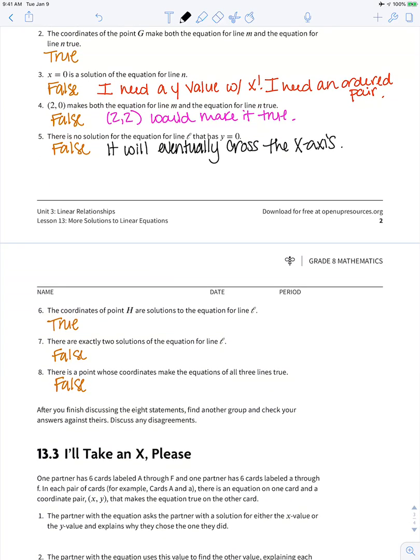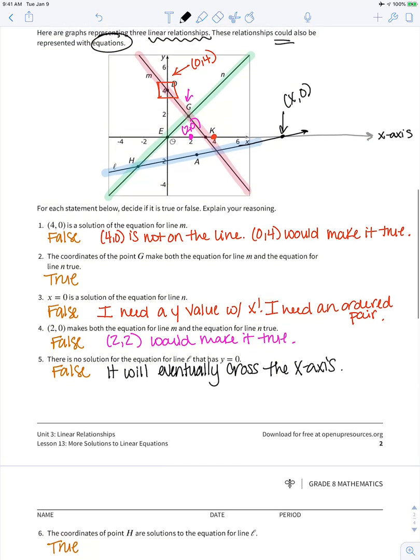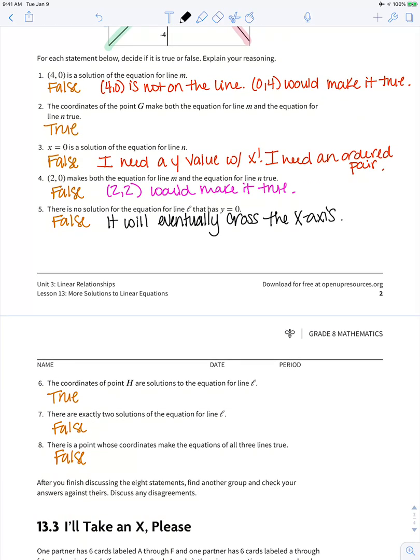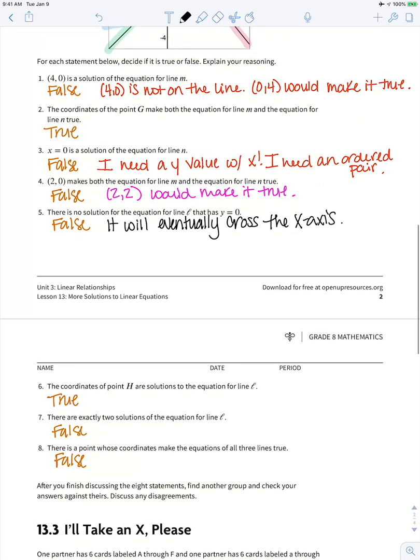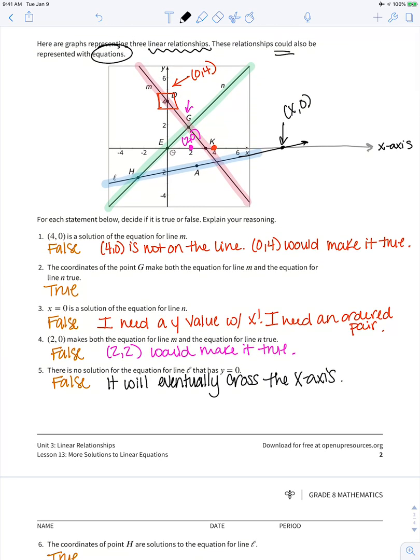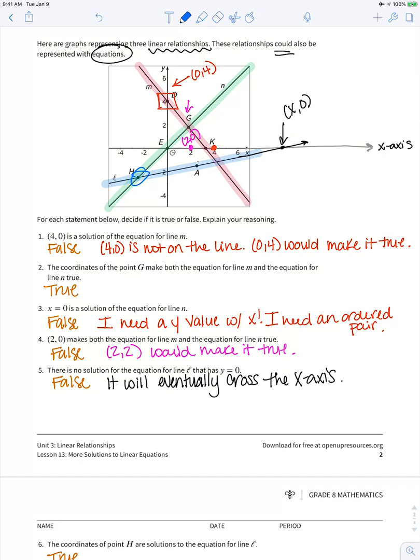Question 6. The coordinates of point H are solutions to the equation of line L. We said that was true. It is a point on the line. There are exactly 2 solutions for the equation of line L. That is false because line L, which is my blue line, although it shows 2 points, I will emphasize those 2 points here and here.